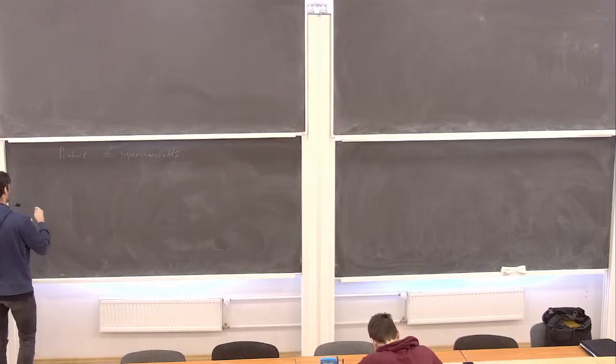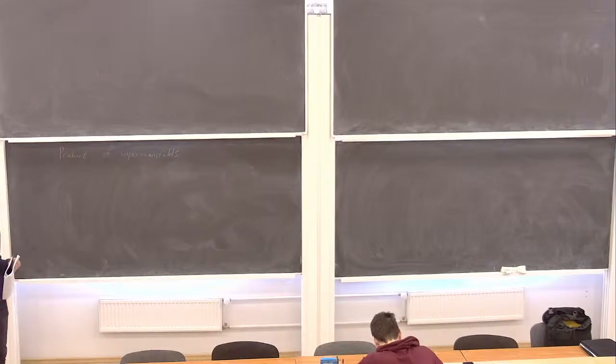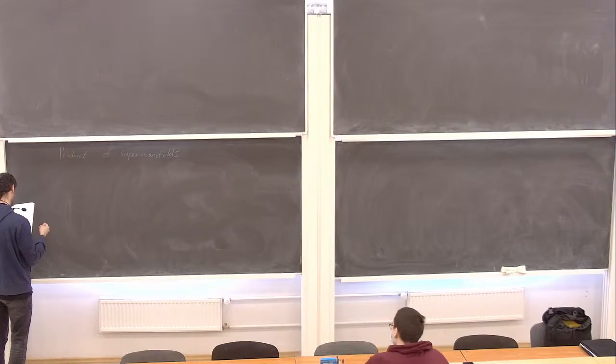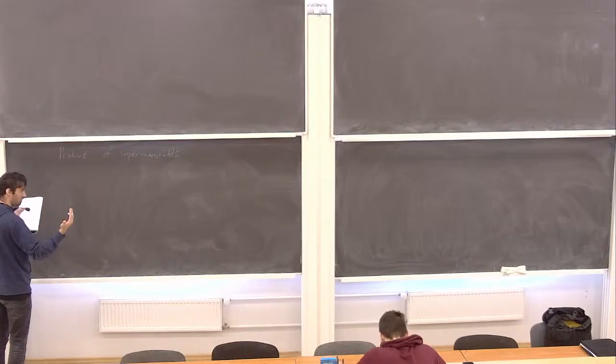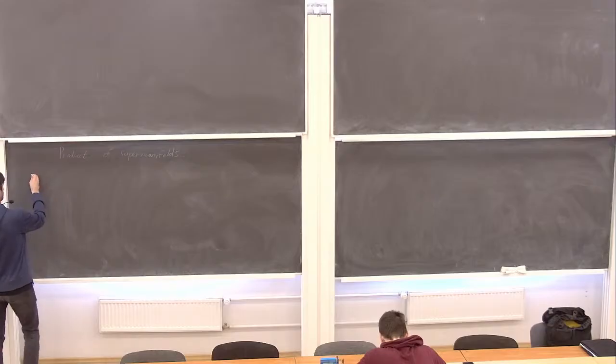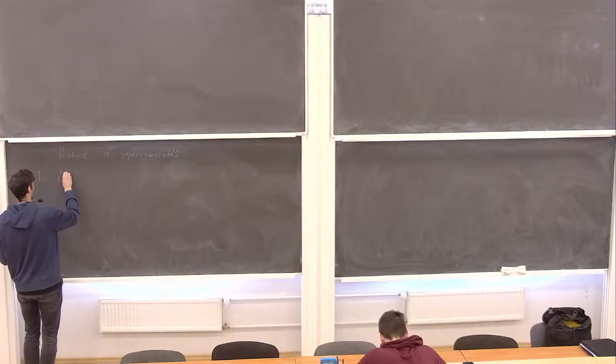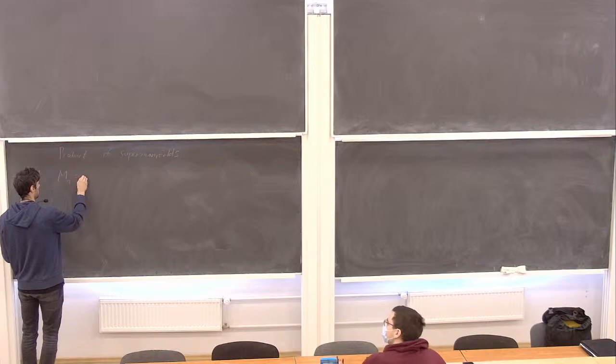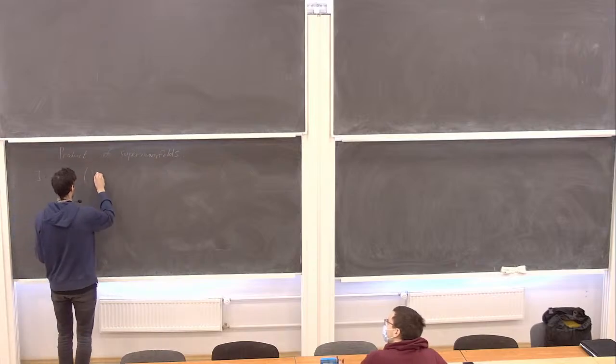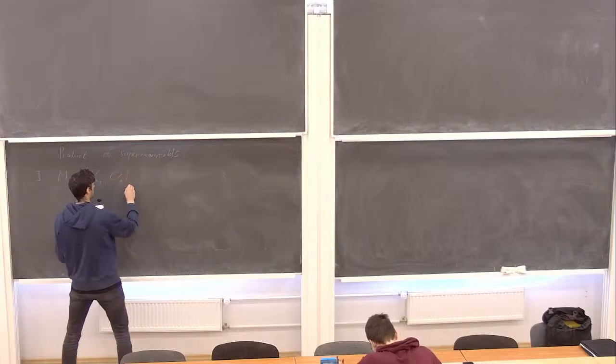So of course we need them to define multiplication, right? Here, no surprises. We just need to spell out what this is. So of course I need as initial data two supermanifolds, M1 and M2.